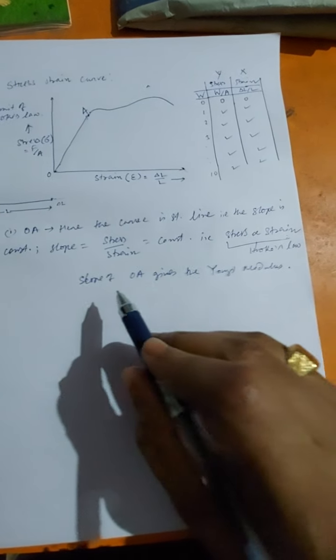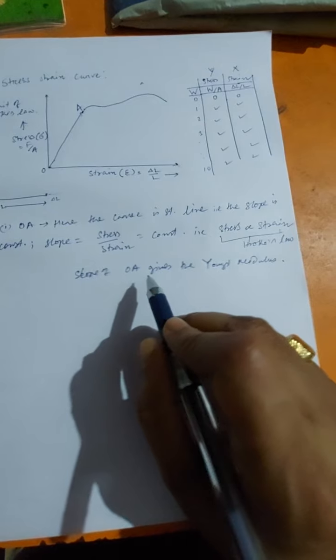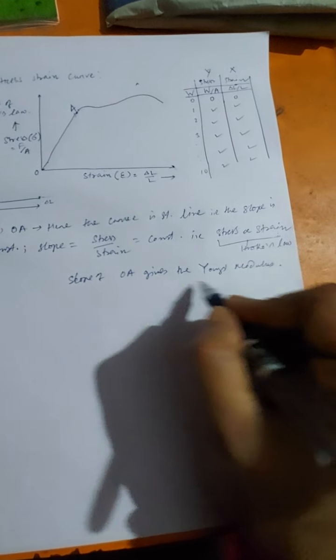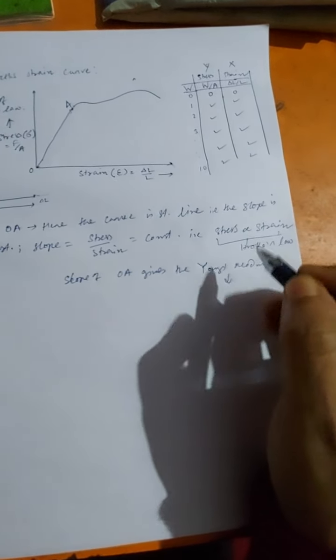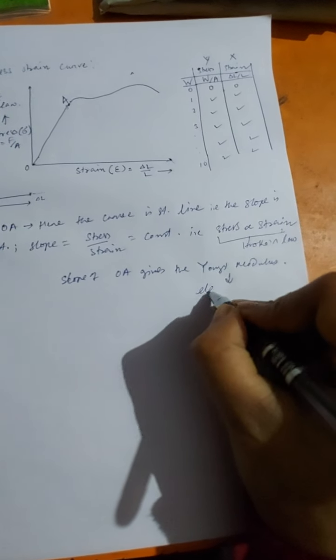As the slope of OA gives the Young's modulus, it gives the elasticity of the material.